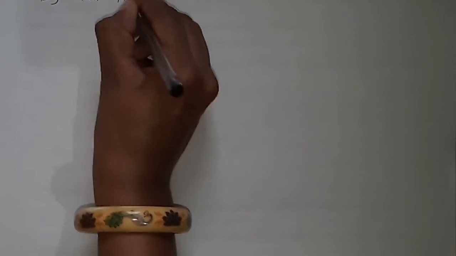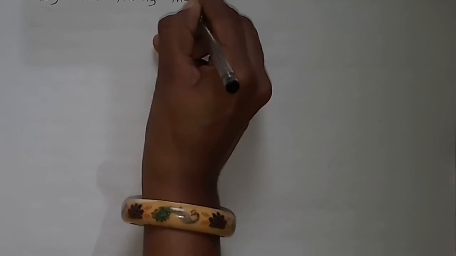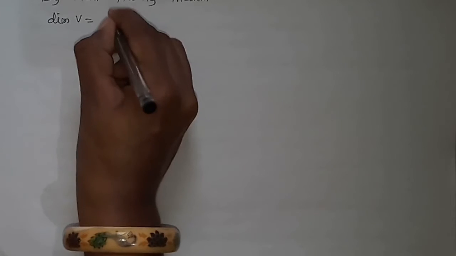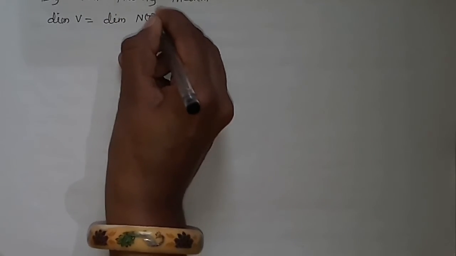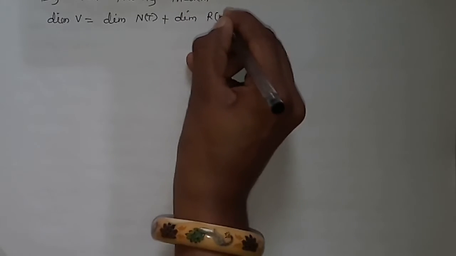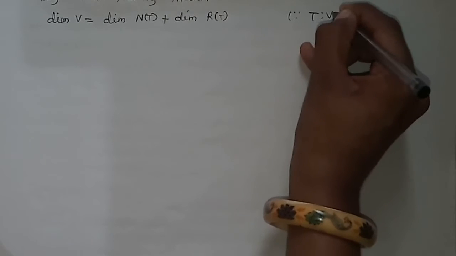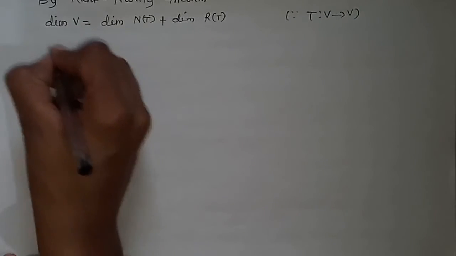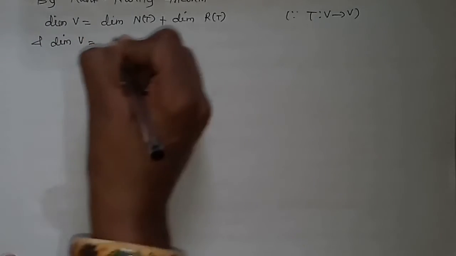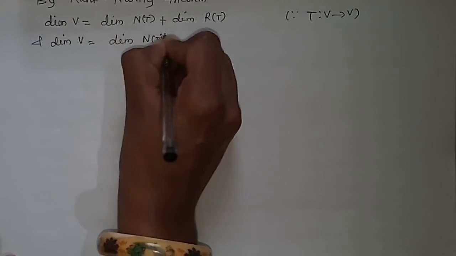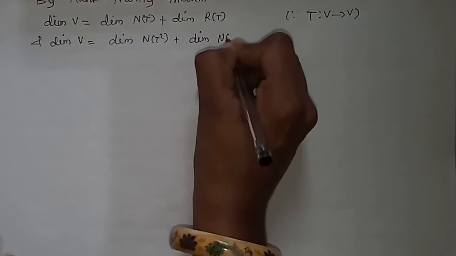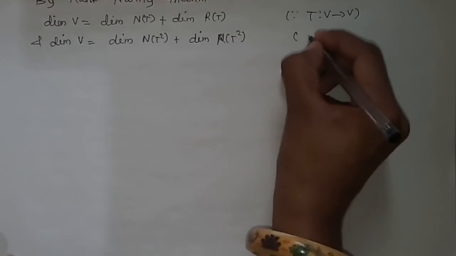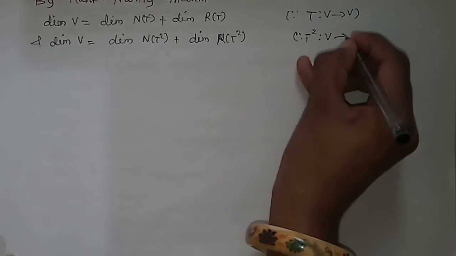Now by the rank nullity theorem, dimension of V is equal to dimension of nullity plus dimension of range of T. Since our T is mapping from V to V, dimension of V is the dimension of nullity plus the dimension of range of T, and dimension of V is also equal to dimension of N of T square plus dimension of R of T square, since our T square is also mapping from V to V only.